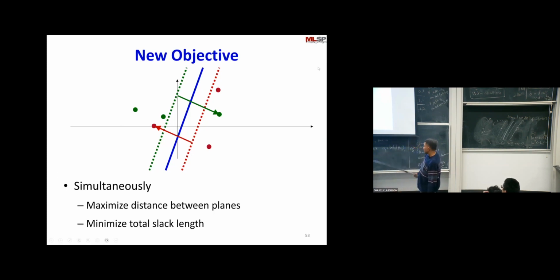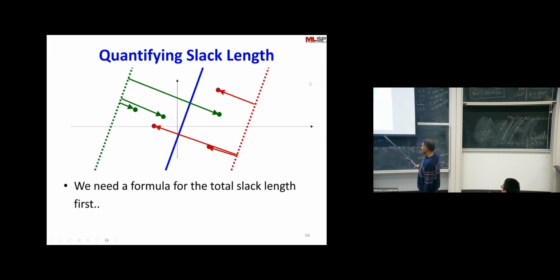And we can formalize this. That's not very hard. For this, we need a formula for the total slack first. And here's how we can do it. What was the equation for this? Anybody remember? The equation for this plane was simply W transpose X minus B equals 0.